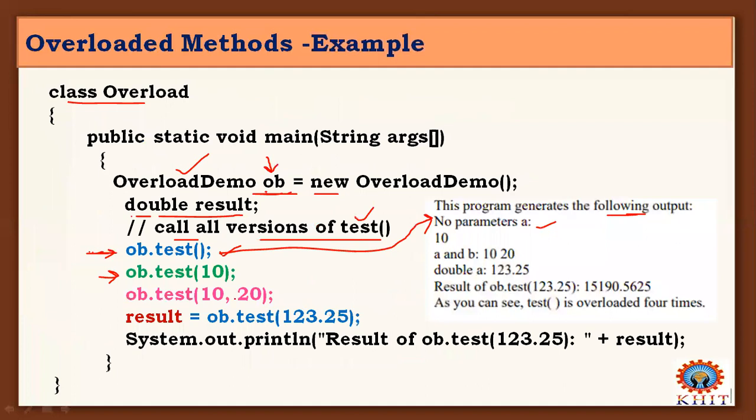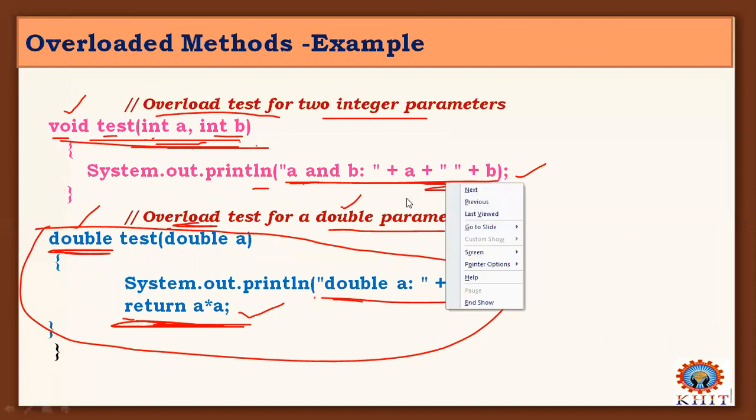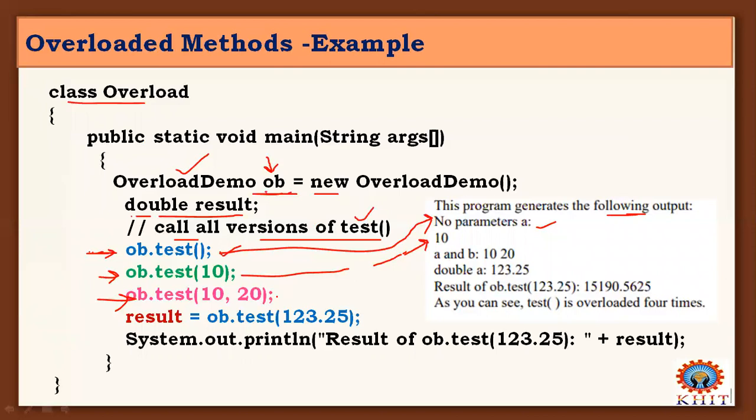So ob.test of 10 simply displays on the screen the received value when it was invoked. And the next type of method, ob.test with two integer parameter values. This method also displays the two values, the same as those a and b values, 10 and 20.